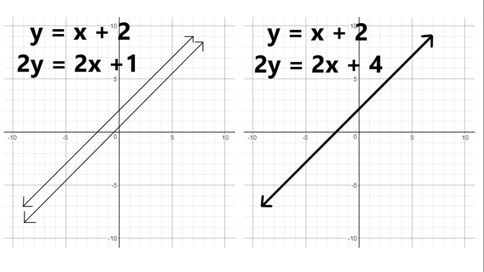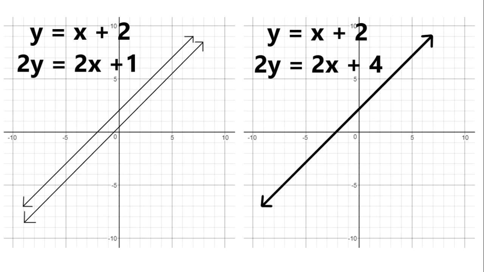When graphed on a coordinate plane, equations which have false statements have lines that are parallel to each other, and those with true statements have the lines on top of each other or equal.